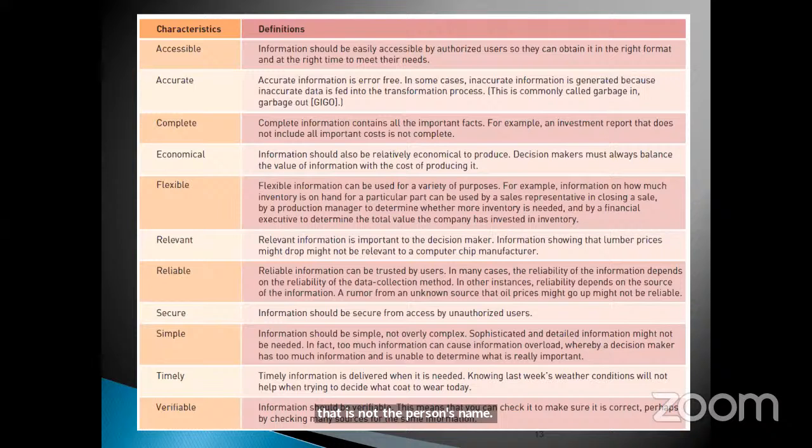That's garbage in, garbage out. So we have to make sure that at any point, the information that we are providing is accurate, because the computer doesn't have a brain. In fact, the school of thought says that the computer is so dumb. It works with the information that the human being gives it. So that's for accurate, and some other ones, you can take some time to look at them.